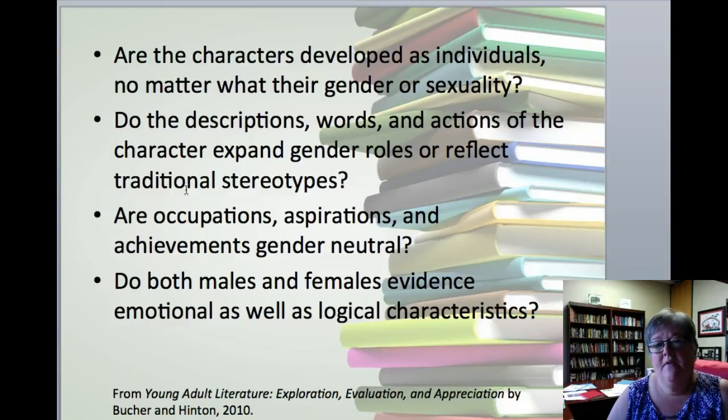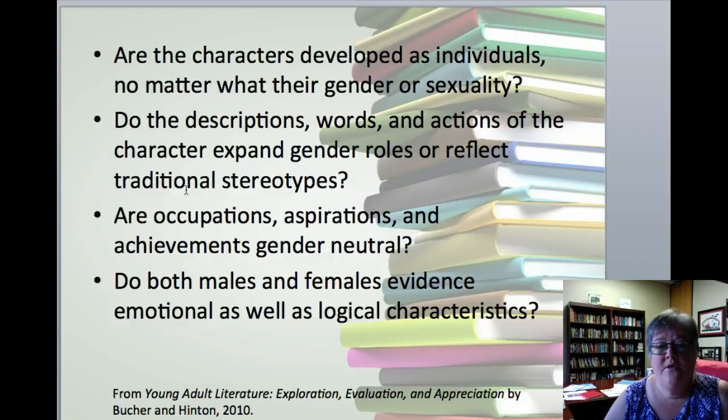You want to look and see if the characters are developed as individuals, no matter what their gender or sexuality. And you're talking generally about the main characters, the protagonists. You want to ask yourself, do the descriptions, words, and actions of the character expand gender roles, or do they reflect traditional stereotypes? What you're looking for are those that expand gender roles.